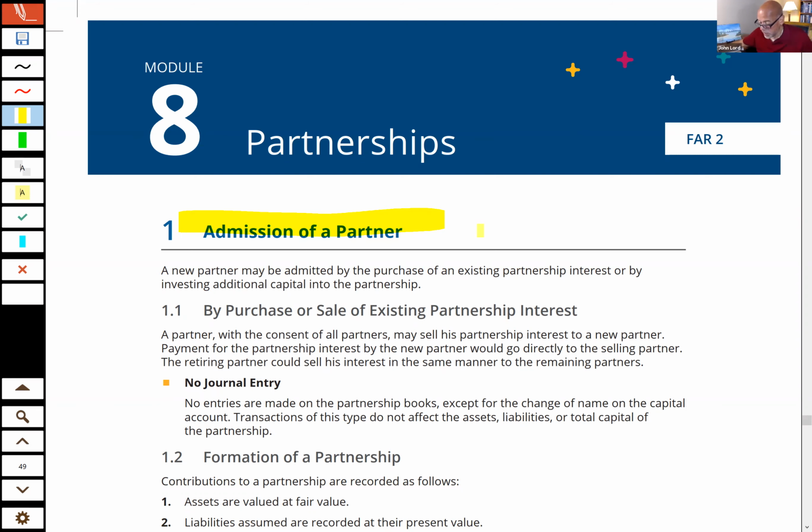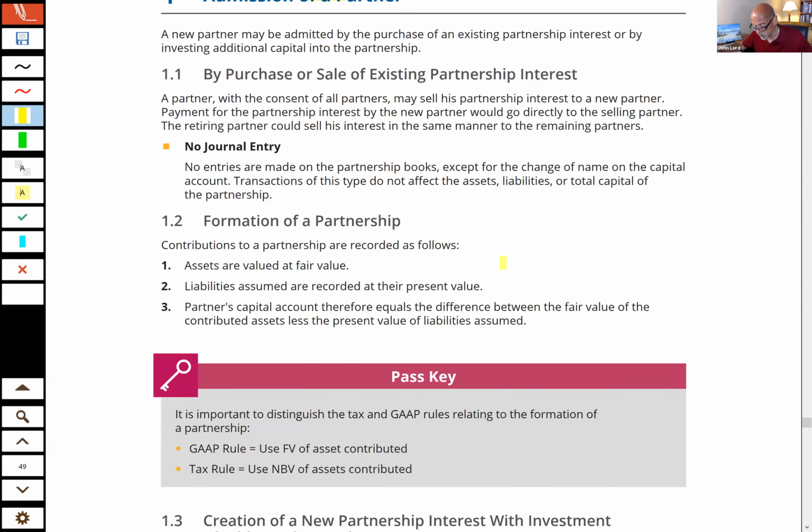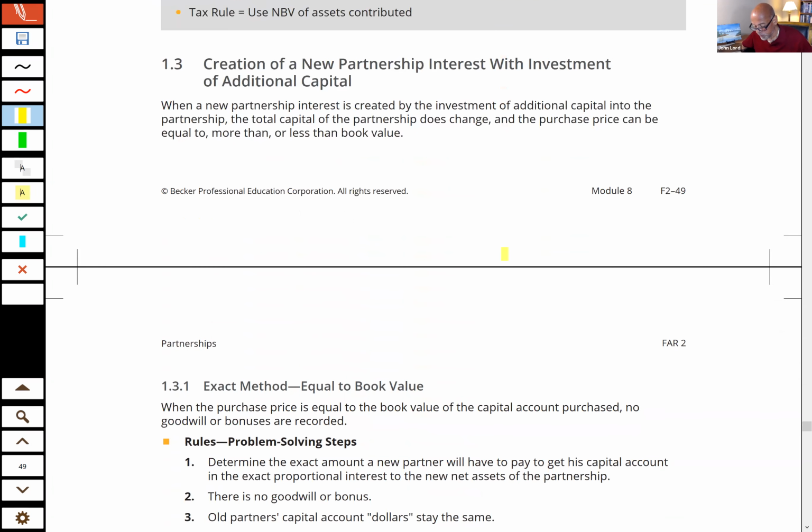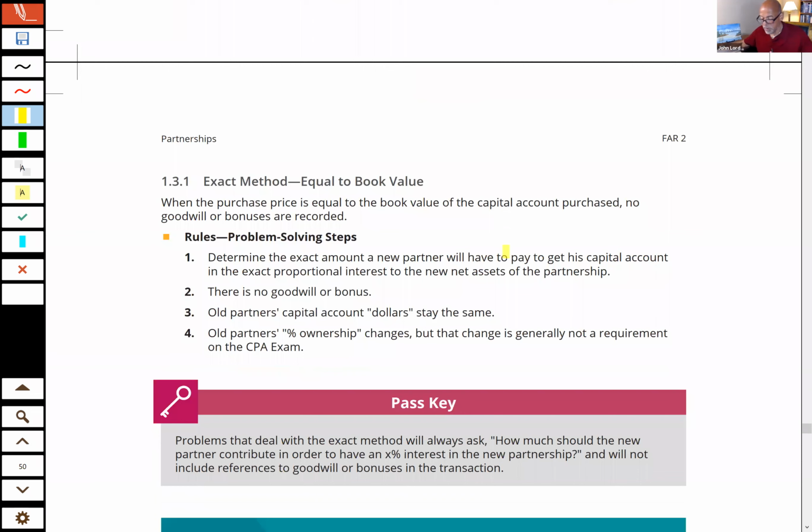So let's take a look at the different methods and see what they tell us about these. First, let's look at the exact method. Let's jump straight down to a pass key, and they finally give me a pass key that is worth something. So go ahead and flashcard this pass key for a change.